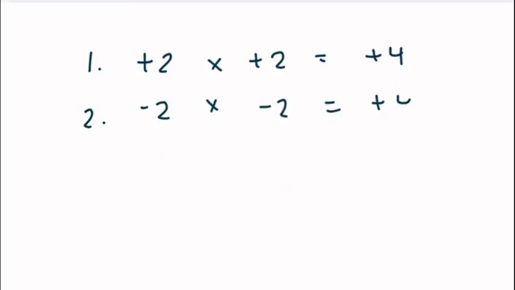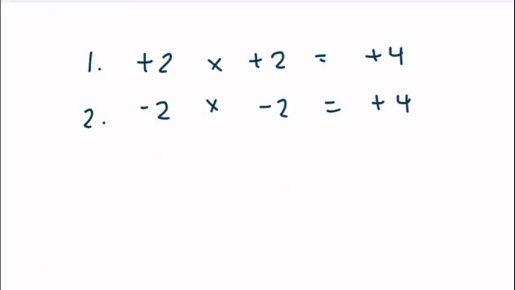This might be easier to see with numbers, so let me just show you a quick example. So our rule number 1 was that positive times positive equals positive. So positive 2 times positive 2 would equal positive 4. Rule number 2 was negative times negative equals positive. So negative 2 times negative 2 is equal to positive 4.